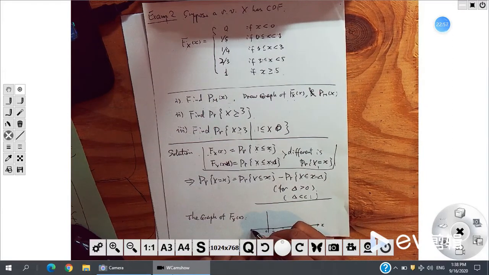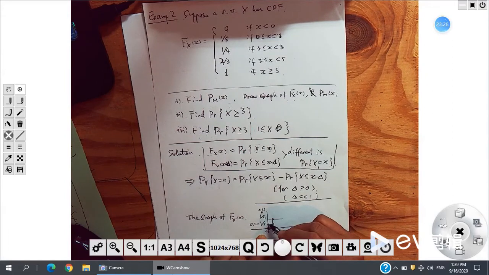The value runs from 0, then jumps up to 1/5. 1/5 is 0.2, right? And then it keeps this and jumps to 1/4, which is 0.25. And then here's 1.